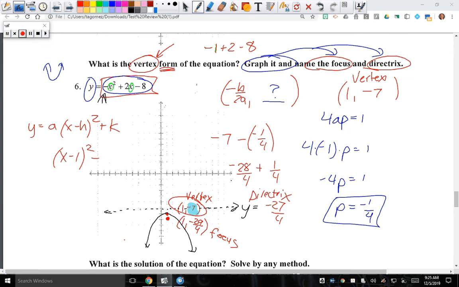And everything outside, it's exactly what you see. What do I put for A? Negative what? Negative 1. So you could put a negative 1, or you could just put a negative. And that would be the vertex form from what we did. Any questions?